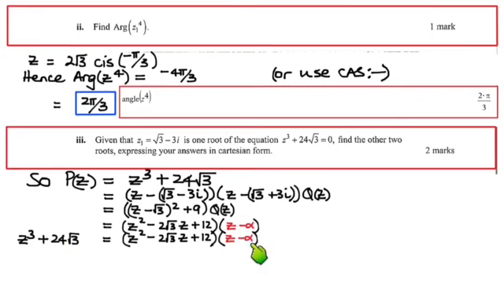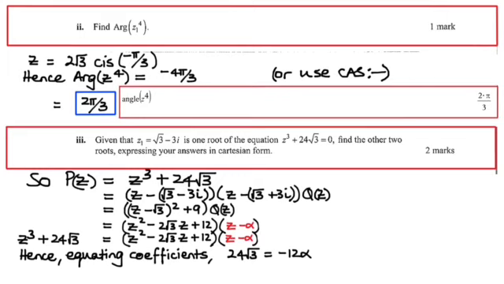So therefore you can see that this 24 root 3 has to come from the product of this last term in this bracket, the plus 12, times this last term in this bracket, which is the minus alpha. So minus 12 alpha has to be plus 24 root 3, and therefore alpha is going to be minus 2 root 3.